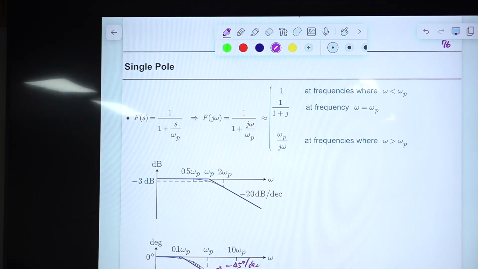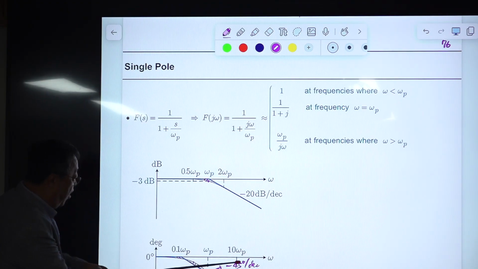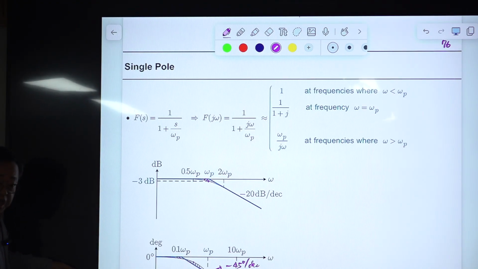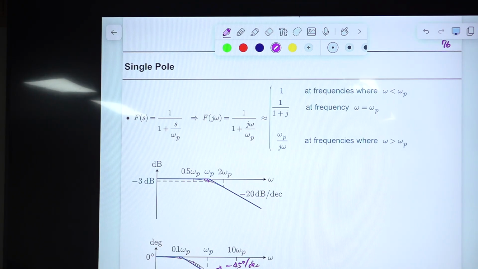There should be error. Okay. But at this frequency, the magnitude error is the maximum, which is 3 dB, and the phase error is 0. This is the exact point. Exact value.